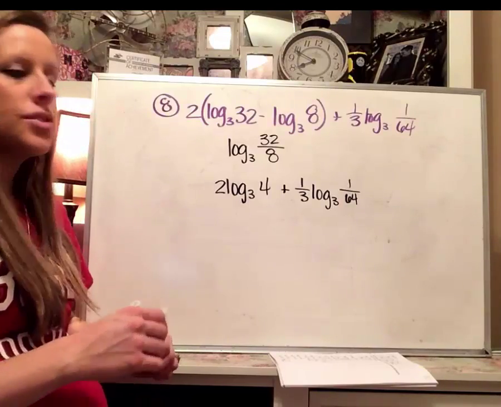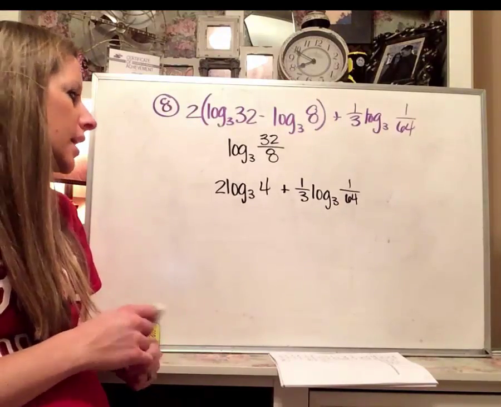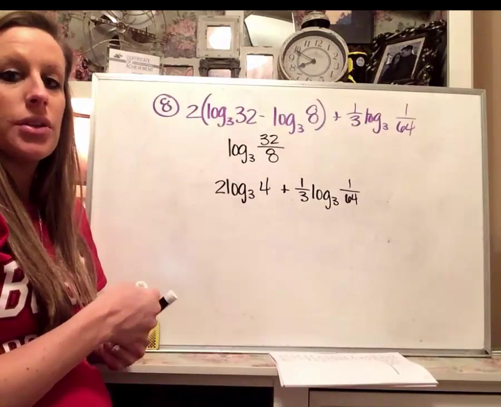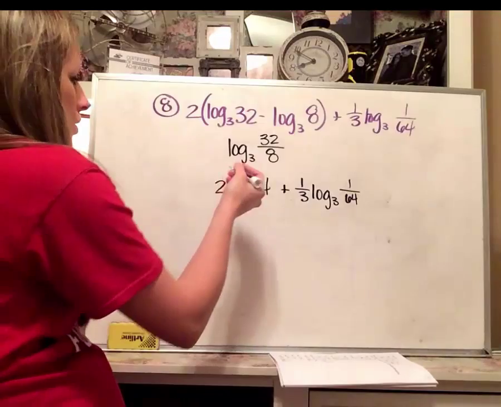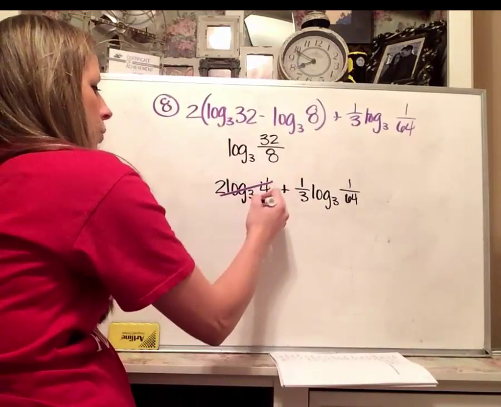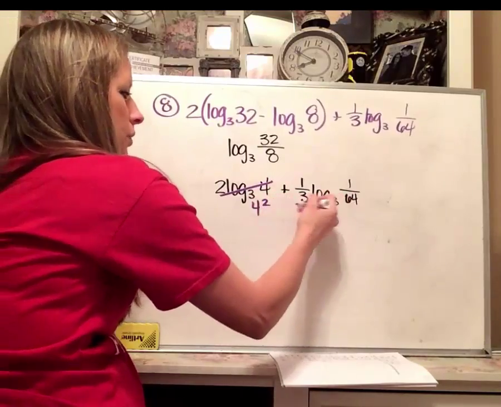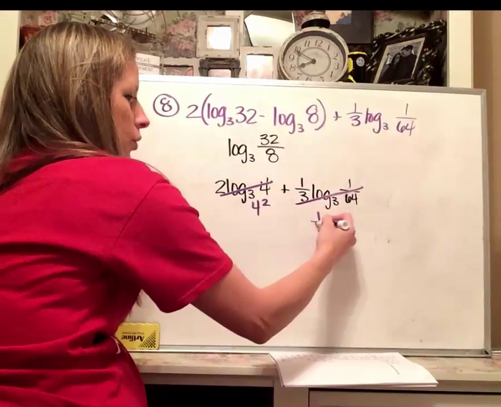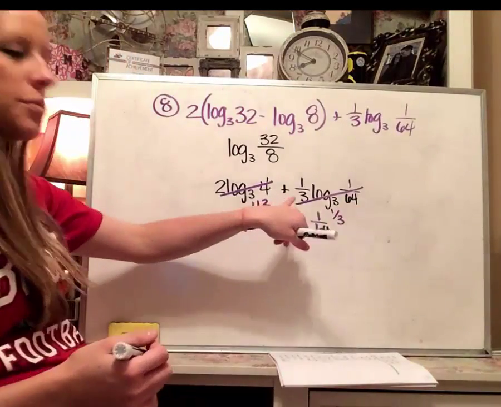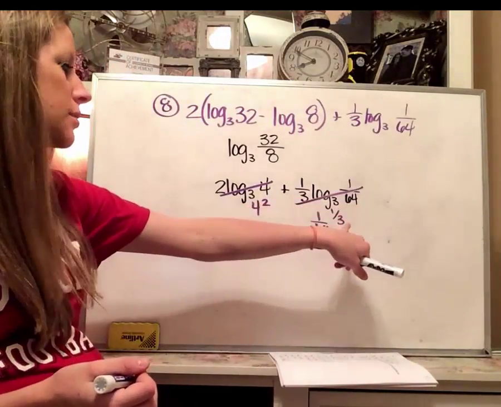So next thing I like to do is change my number in front to an exponent. So this would be 4 squared. This one would be 1 over 64 to the 1/3 power. I just moved my number in front to the exponent.